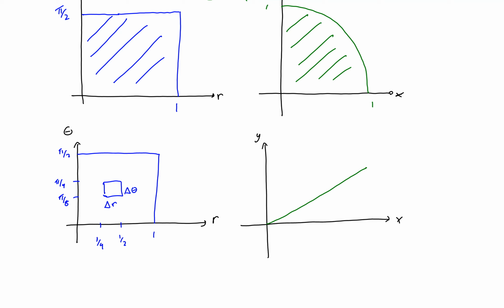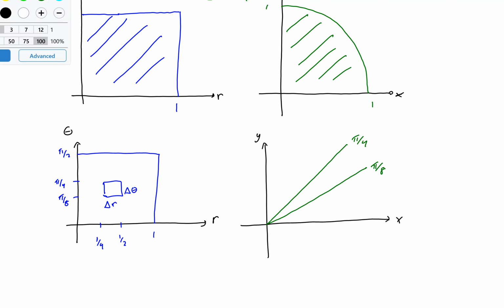So we go out like this. This is the angle pi over 8. This is the angle pi over 4. And then I want to have my radii here as well.